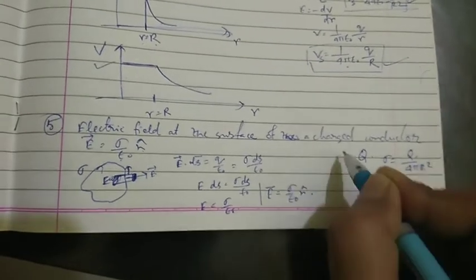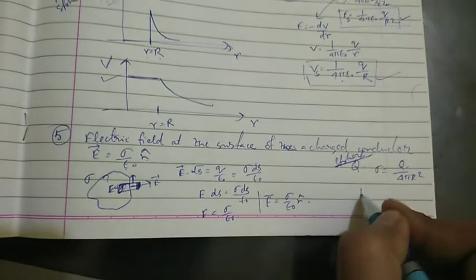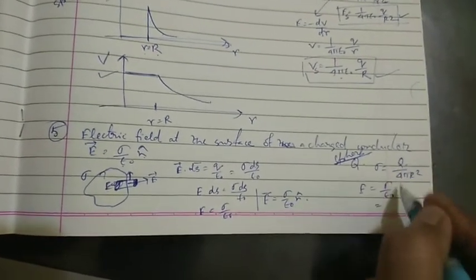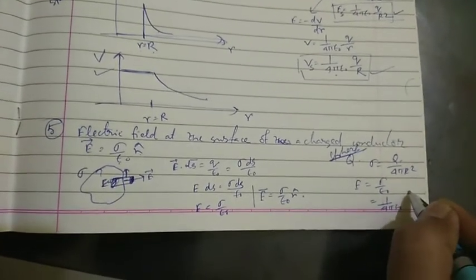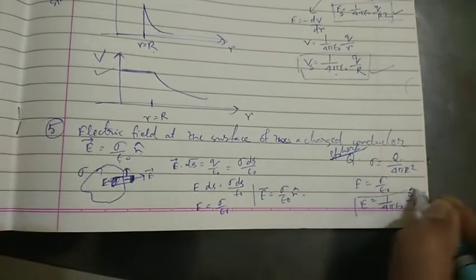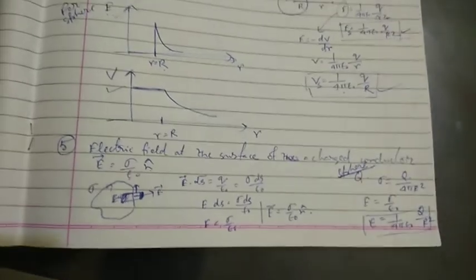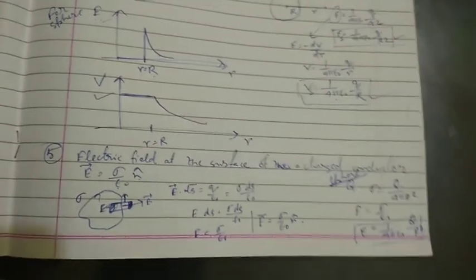This is for a sphere. So the electric field will be sigma by epsilon naught. Just put the value: 1 by 4 pi epsilon naught q by r square. This is the electric field on the surface. We can find it from this equation as well. So these are some of the important points about electrostatics of conductors.